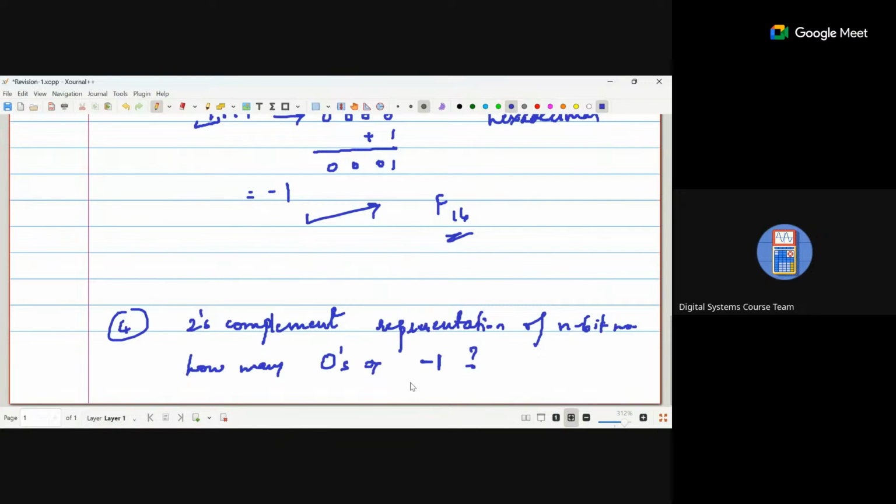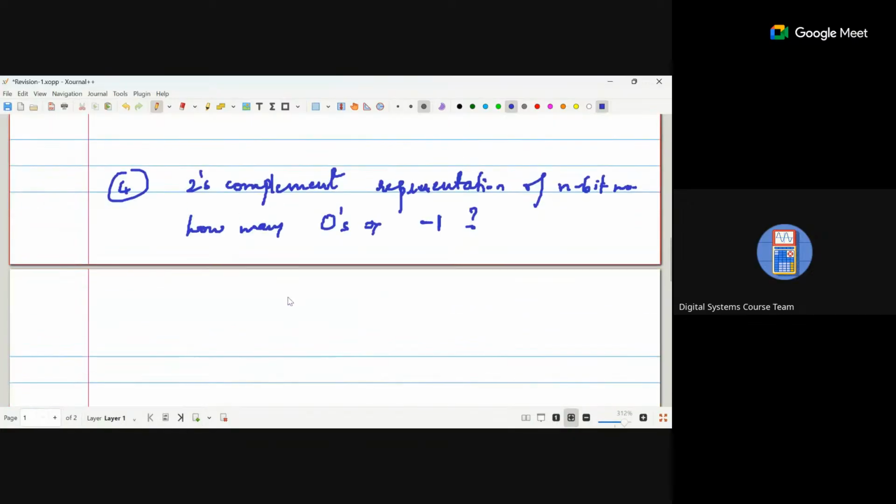So how many zeros will be there? N minus 1.